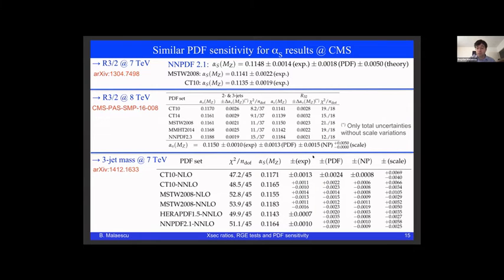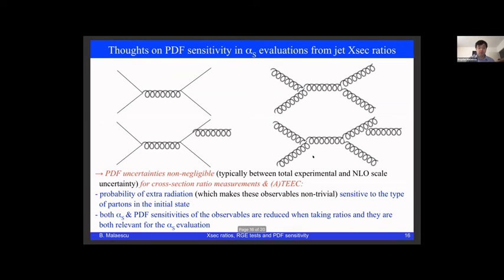So why is that? One would expect, as I said at the beginning, when taking a ratio, you see this in papers, the PDF sensitivity should be strongly reduced. This is what I'm trying to explain here, showing just some Feynman diagrams that are involved in the calculations of these processes. Again, remember, what makes these quantities non-trivial is the probability of emitting some extra radiation.